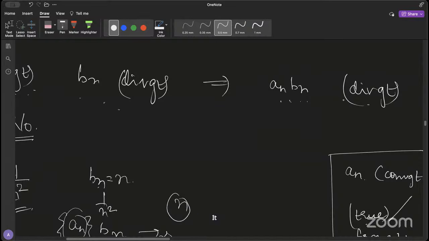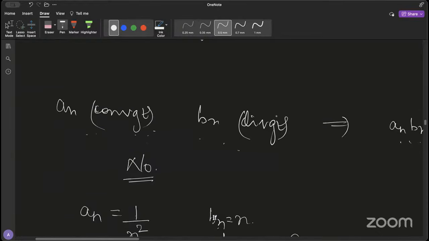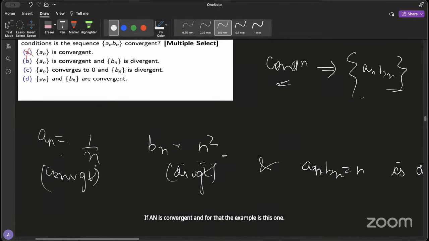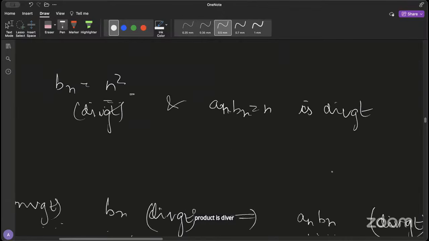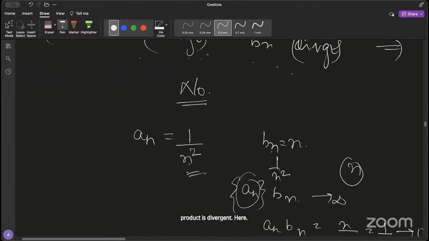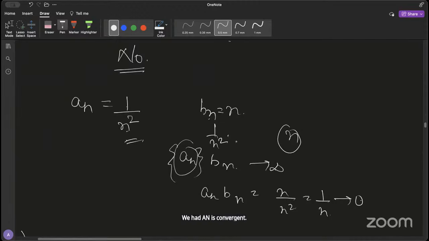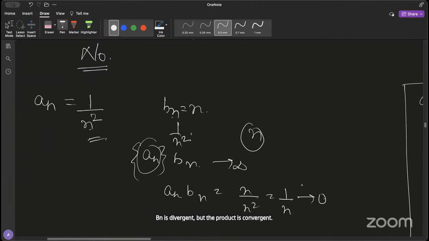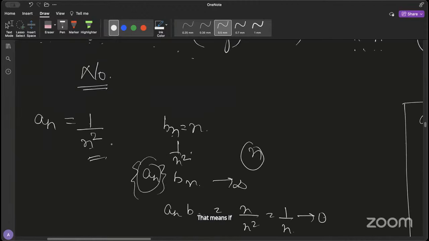It can be convergent and it can be divergent too. Here we had an convergent, bn divergent, and the product divergent. There we had an convergent, bn divergent, but the product convergent. That means if one is convergent and the other is divergent, we can't really say anything about the product, right?